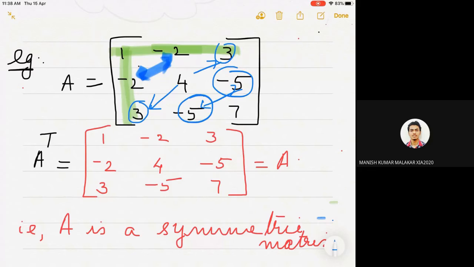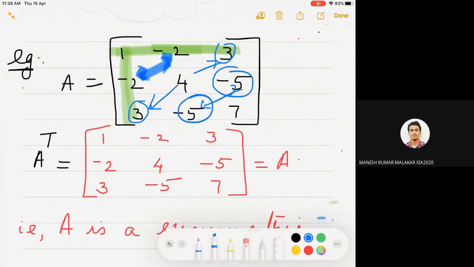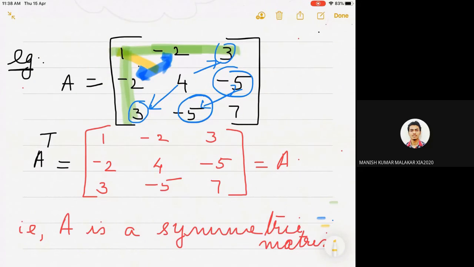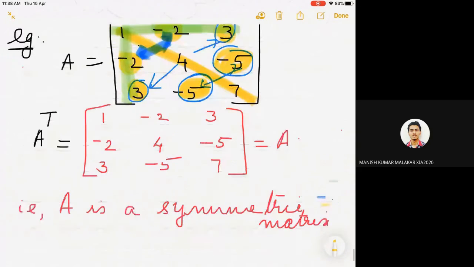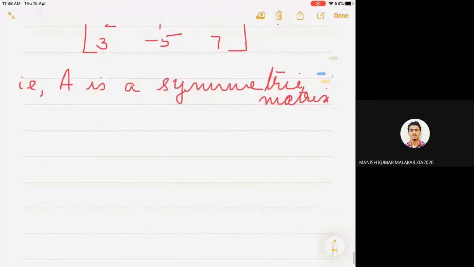If you just consider the diagonal elements, you can see that the upper triangular elements and lower triangular elements are symmetric. 3 here, 3 here, minus 5 here, minus 5 here, minus 2 here, minus 2 here. So this is a way you can create a symmetric matrix.